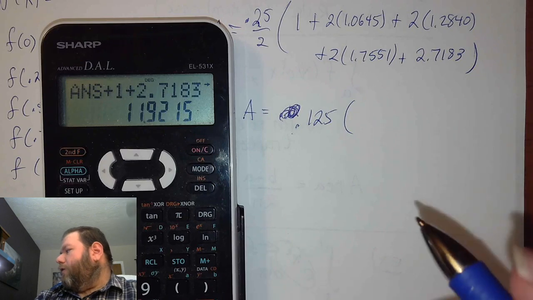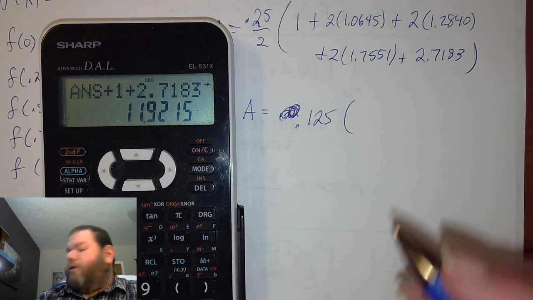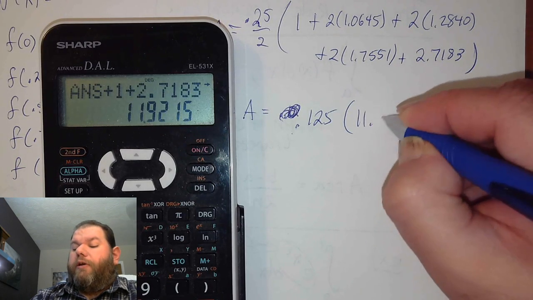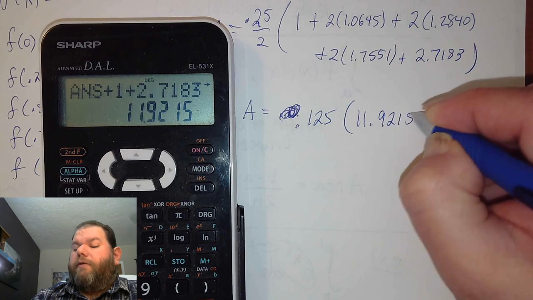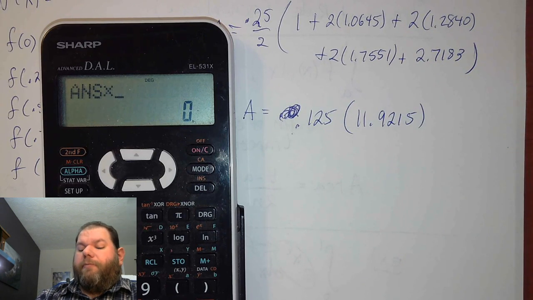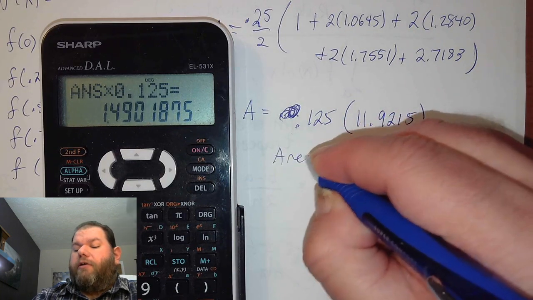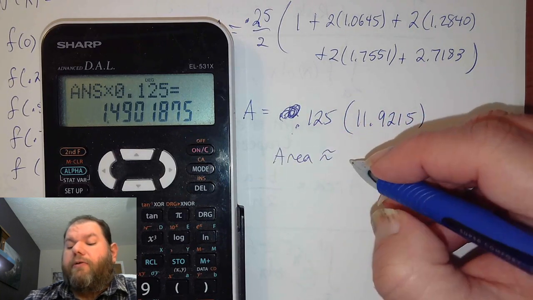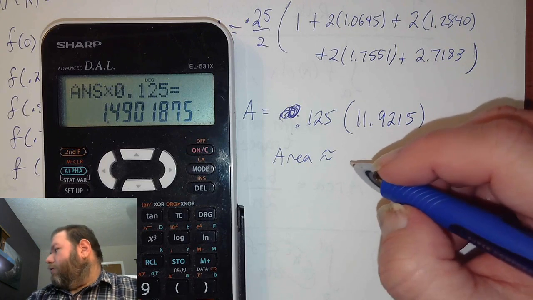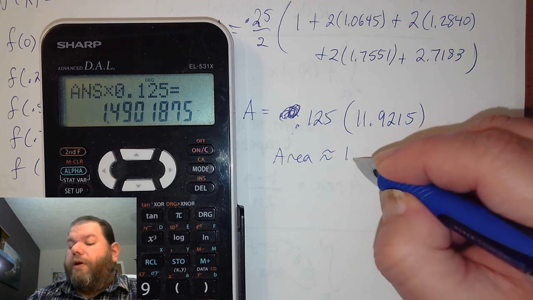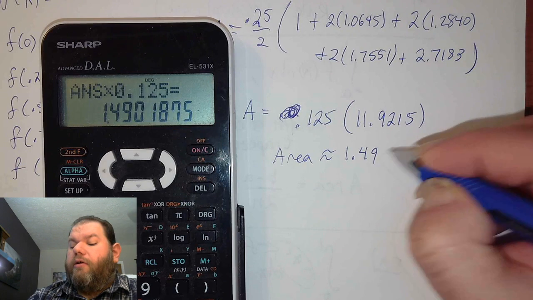I got 11.9215. Multiply that by 0.125. And so our area is approximately equal to 1.4902.